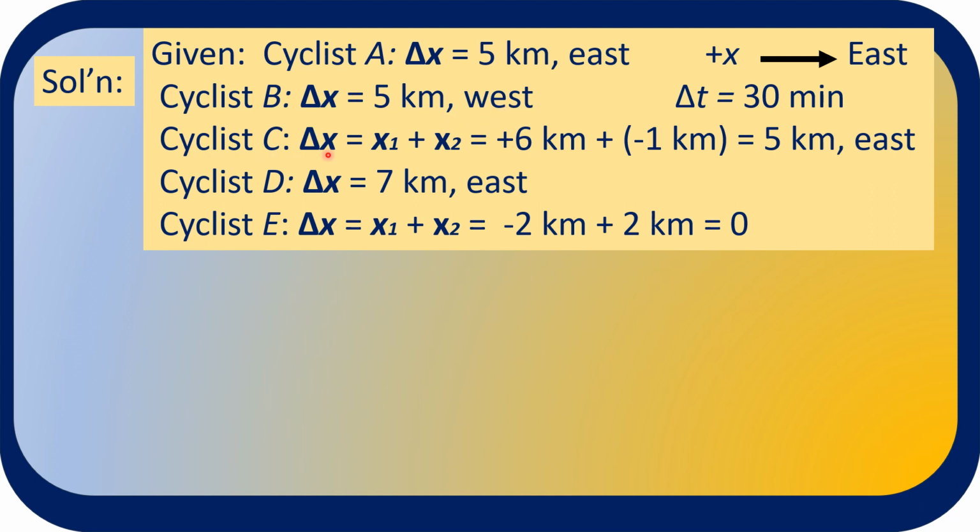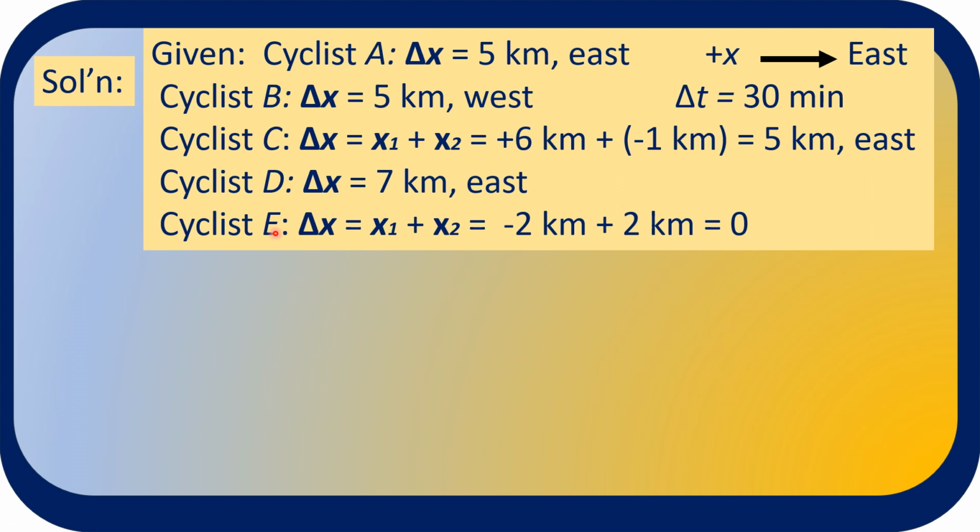Cyclist C has its first displacement, which is 6 kilometers due east, and then he turns around and moves 1 kilometer westward, for a total displacement equal to 5 kilometers east.